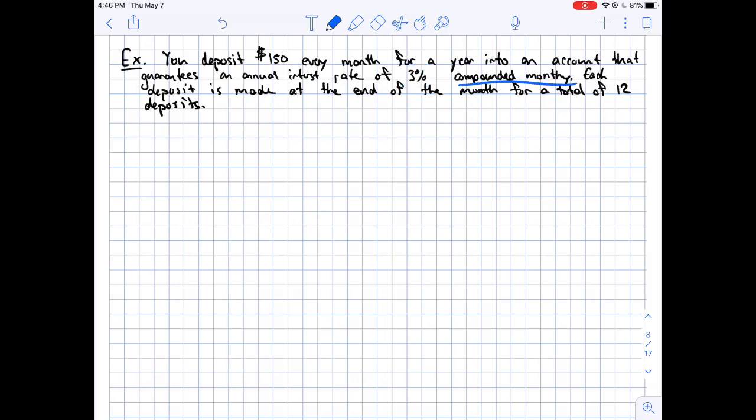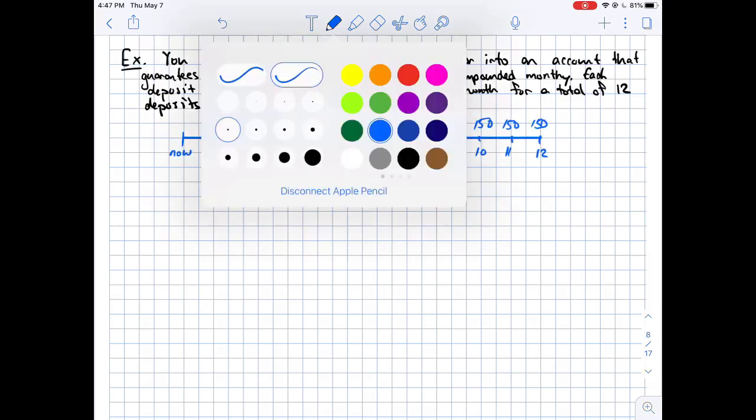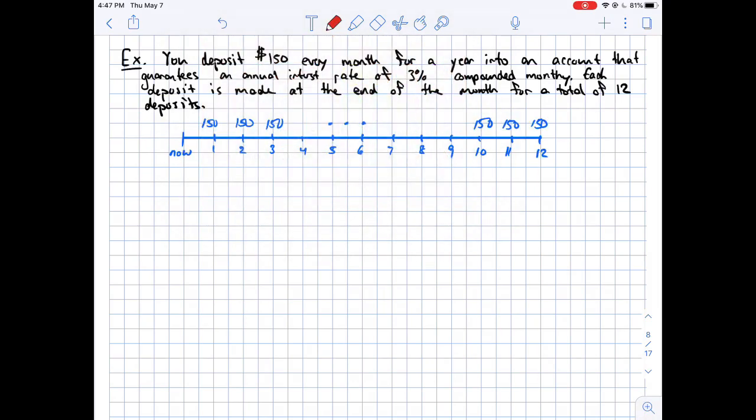And we know that every deposit is going to be made at the end of every month, for a total of 12 deposits. The easiest way to relate this annuity to a geometric series is with a timeline. So let's suppose that this is our timeline.